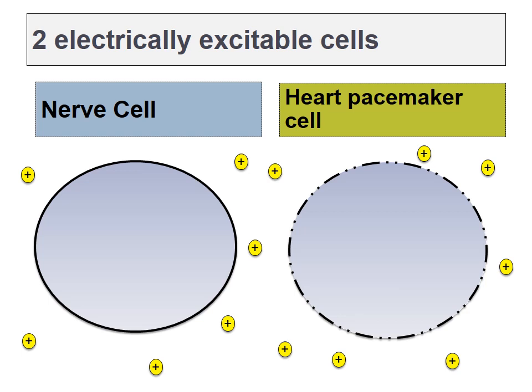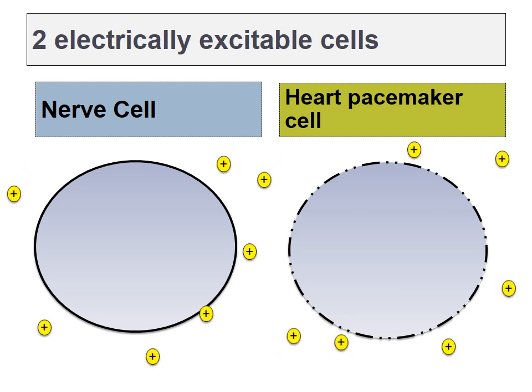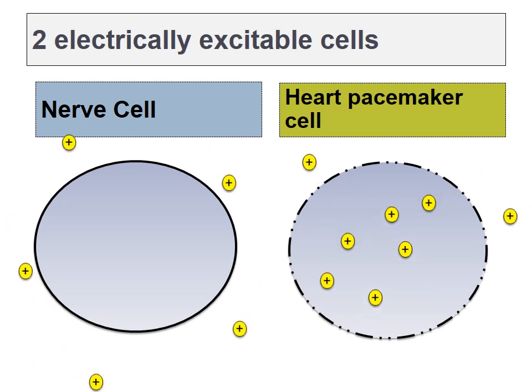The reason that the SA node can fire action potentials spontaneously is ridiculously simple now that we've covered the nervous system. These muscle cells have ion channels that are open all of the time and allow sodium to move down its electrochemical gradient. Therefore, a little bit of sodium is leaking into the SA node all of the time.